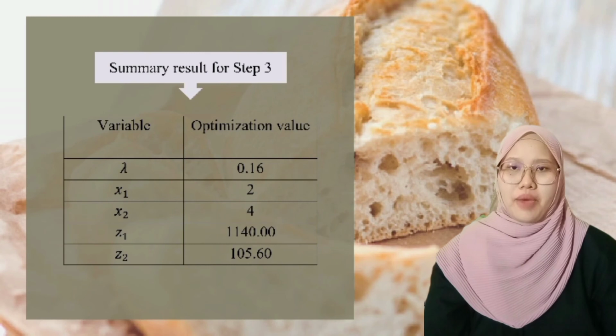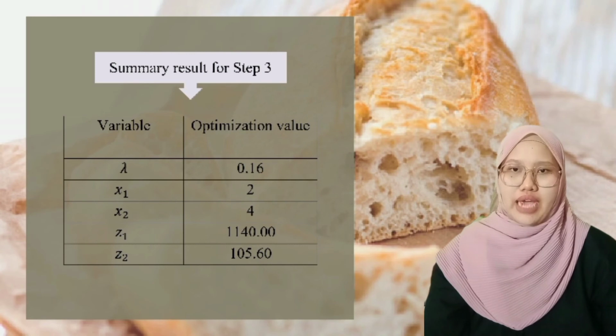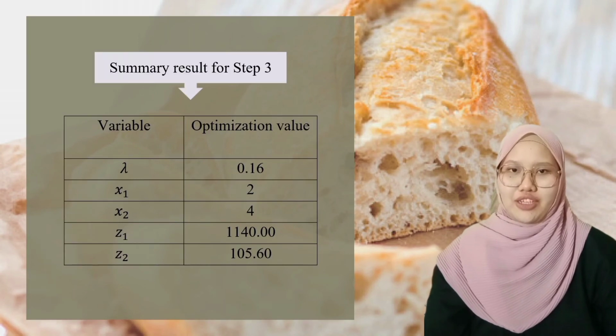This means by producing 2 bun mixtures of Hawaii bun and 4 bun mixtures of slice bun, the Adik Bakery Enterprise will get a maximum profit of 1,140 ringgit with a minimum processing time of 105.6 minutes and a variable value of 0.16, which indicates the degree of membership for each objective function.